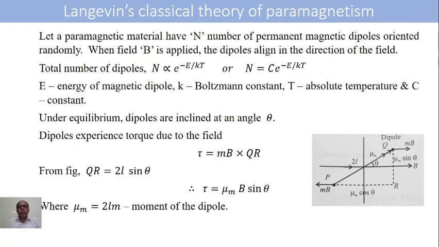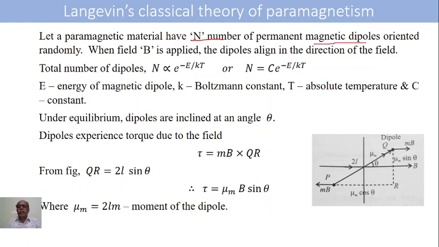Now we are discussing Langevin's classical theory of paramagnetism, in which we consider a paramagnetic material consisting of n number of atoms or molecules, and each atom or molecule is considered as a magnetic dipole.